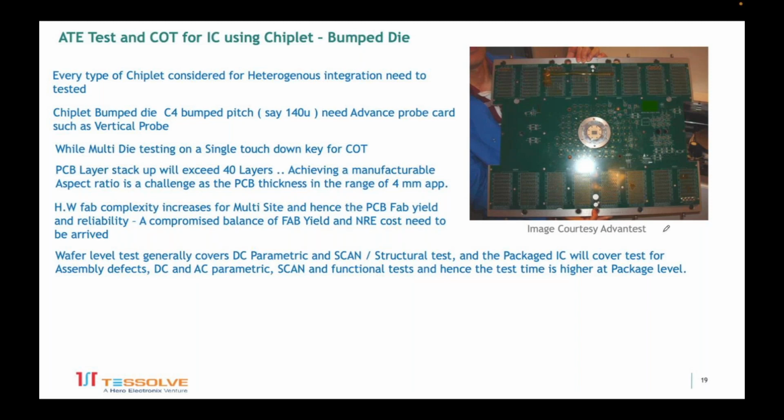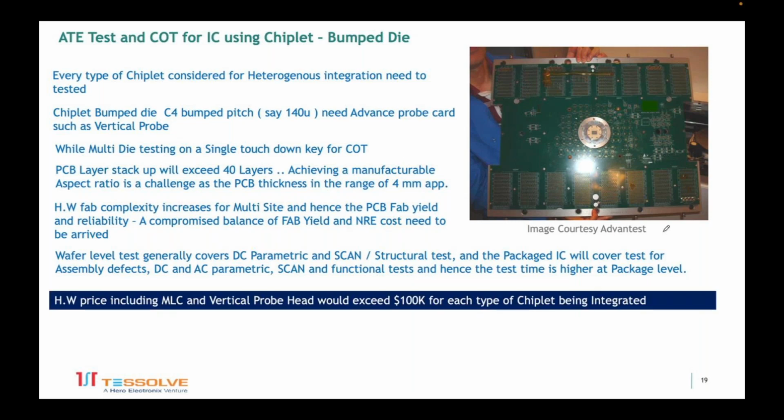In package level, more of the functional aspects will be tested. But if there is a possibility, as I cited, that the drive strength of the chiplet will be a little lower, how do you tackle it so that the die can be tested at the die level or the chiplet level? That also is a key aspect that needs to be considered as part of hardware design.